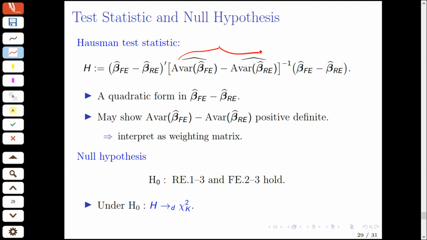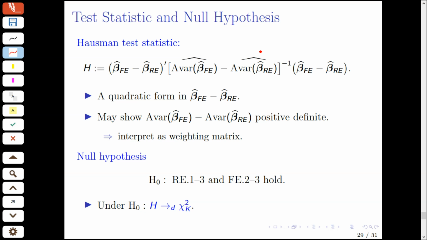Now, this idea comes from our previous discussion, which showed that under all the random effects assumptions, the random effects estimator was not only consistent but in fact efficient, so it should have a smaller variance than the fixed effects estimator.